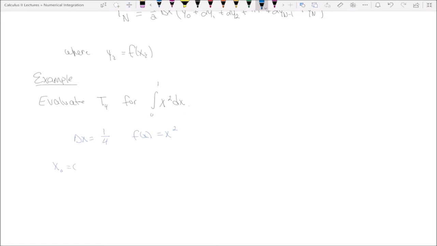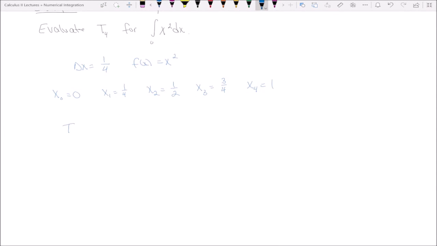Write out our endpoints, so 0, x1 is a quarter, x2 is a half, x3 is 3/4, and x4 is 1.